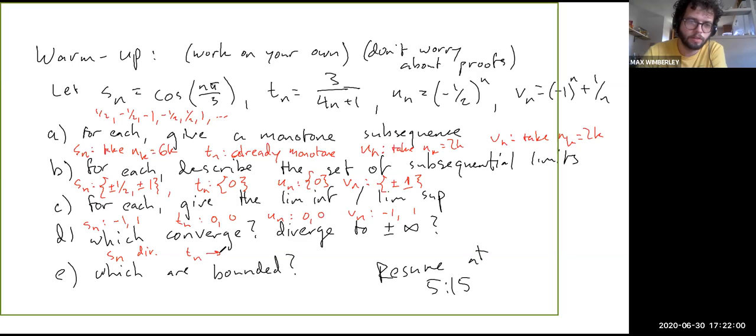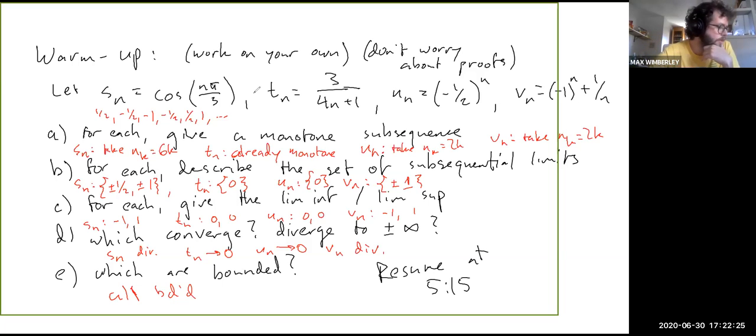Tn goes to 0, Un goes to 0, and Vn just diverges, not to plus or minus infinity either. And they're all bounded. So hopefully those last two were gimmies. That was the warm up.